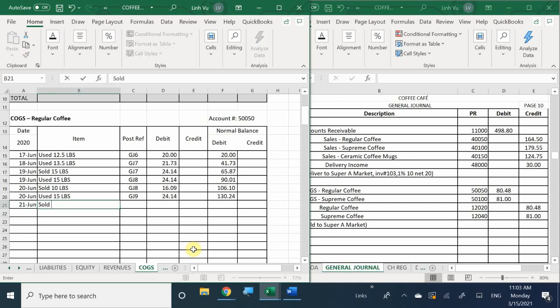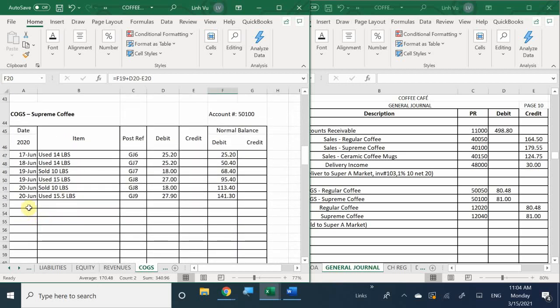Sold 50 LBS. Okay. General journal number 10 for the total amount of 80.48. So what is going to be my updated account balance? 210.72. 210.72. Good.